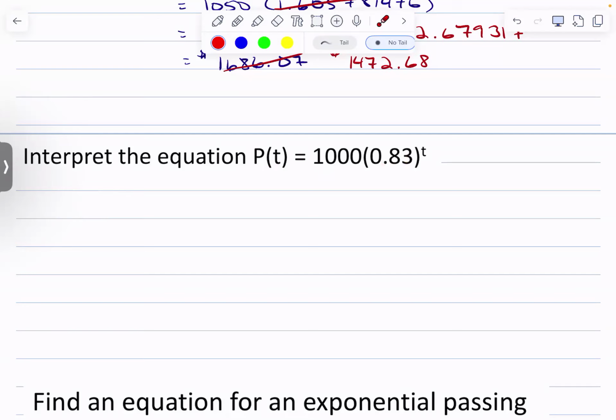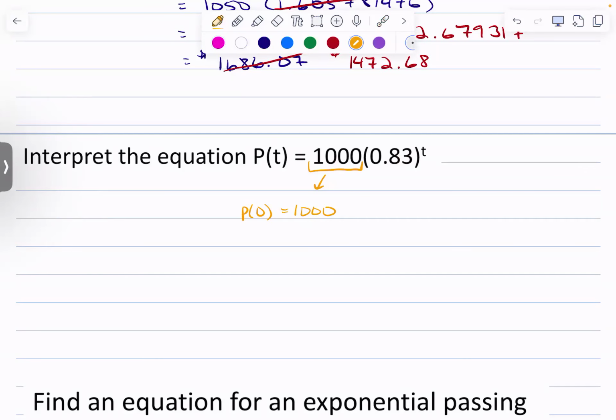And so what we can say is, okay, well, kind of a go-to thing is that the population at time 0 must be 1,000. So if I plug in 0, I get 0.83 to the power of 0. Anything to the power of 0 is 1, and so then I'm left with just 1,000.